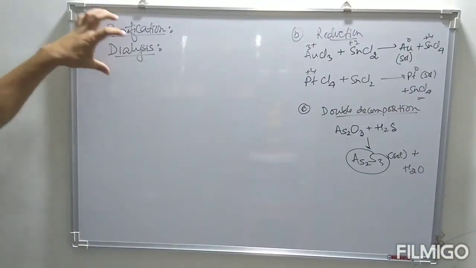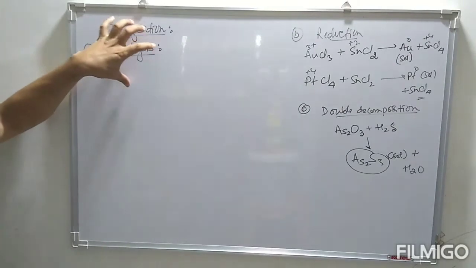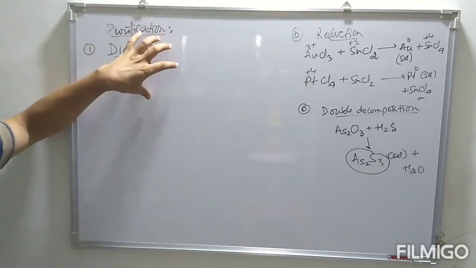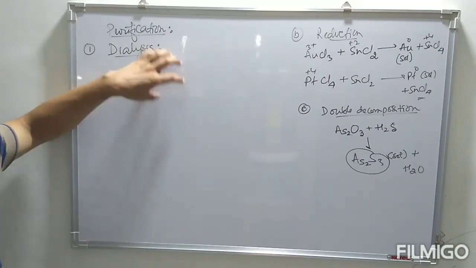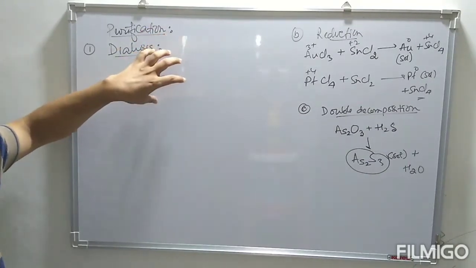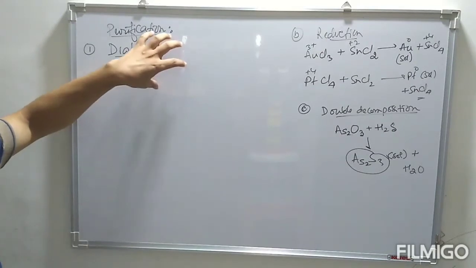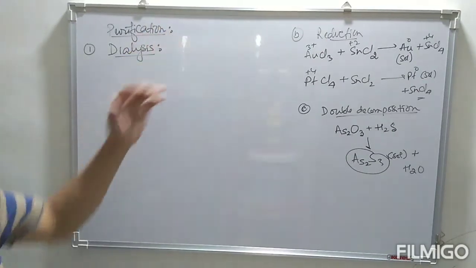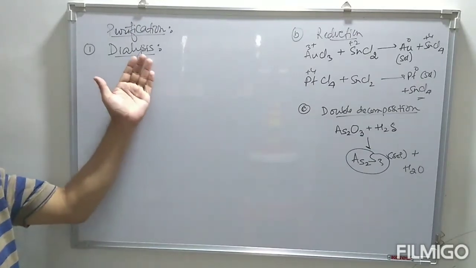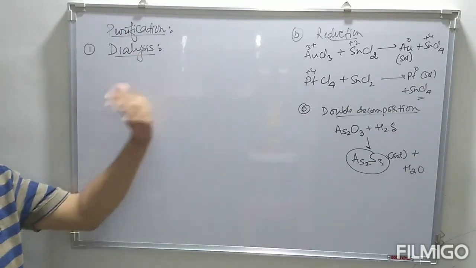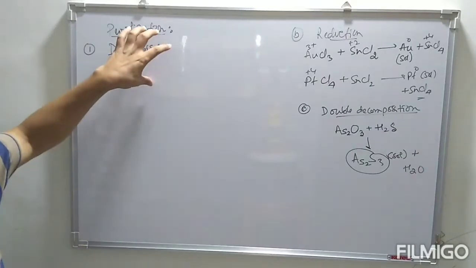Now, this process, dialysis, is based on the mechanism that all the impurities, that is electrolytes, present in the colloidal solution can pass through a certain specific membrane, whereas the particles of colloidal solution cannot pass through that membrane.